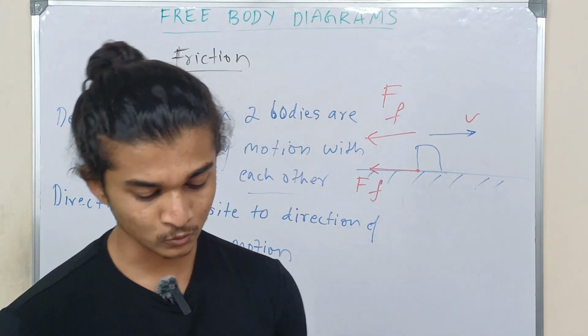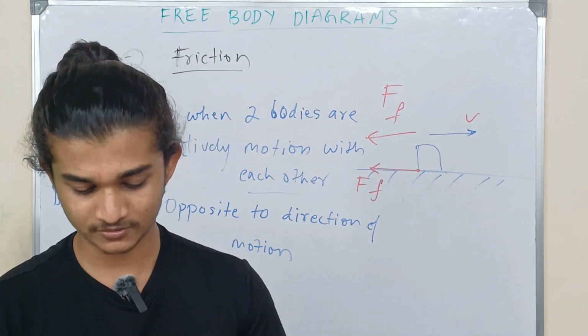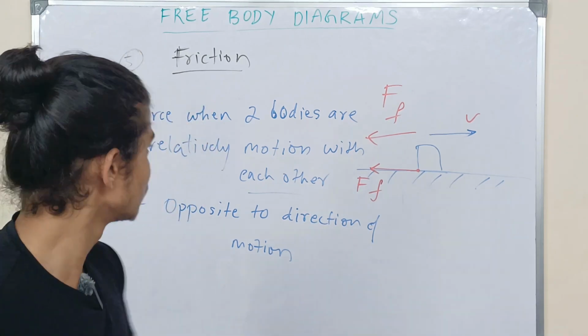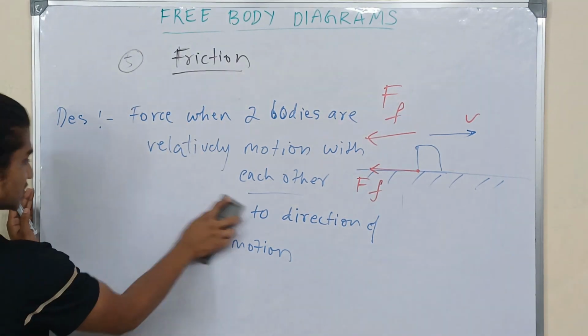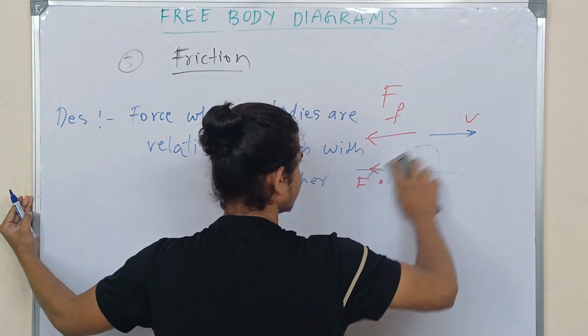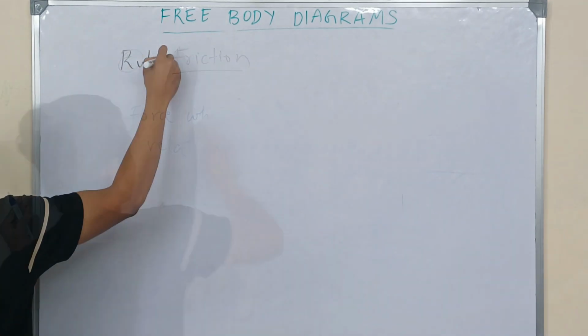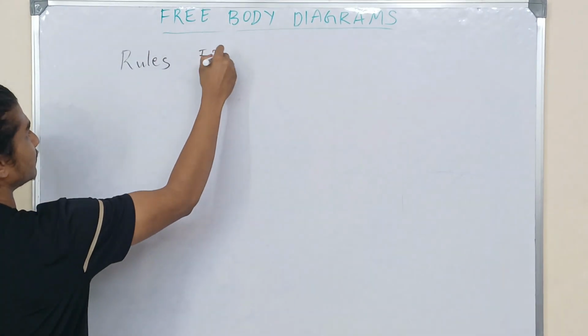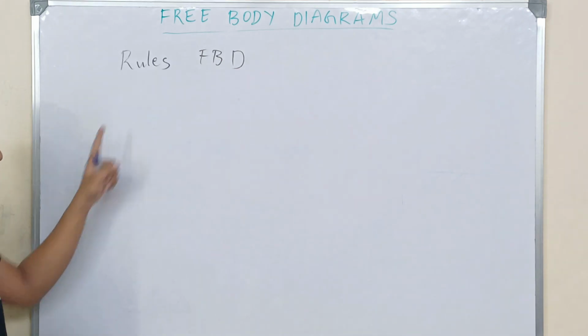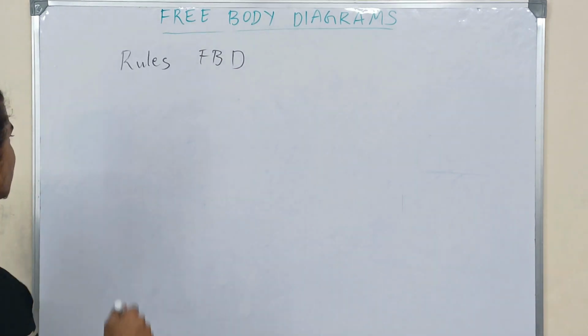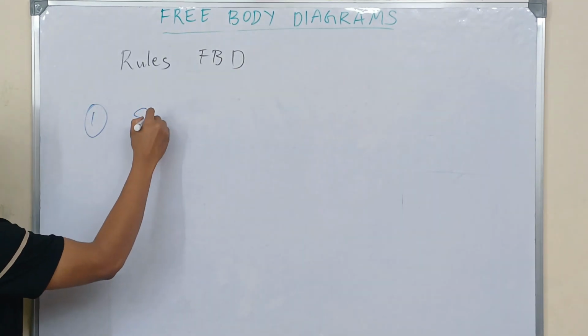Now let us see the rules involved in free body diagrams. There are very simple rules, only 2 rules which I'm going to tell you right now. Rules for writing FBD, free body diagram. The first rule is separate the body.